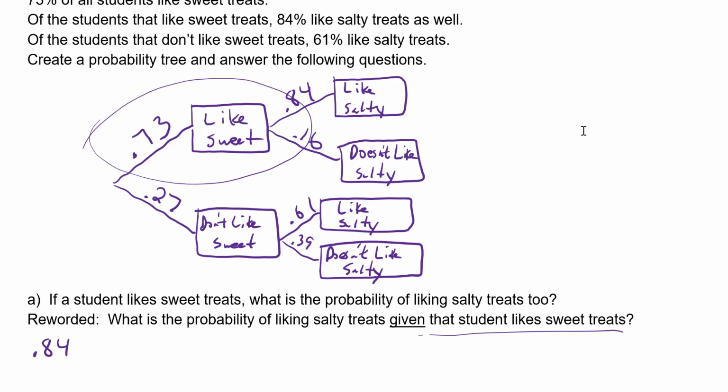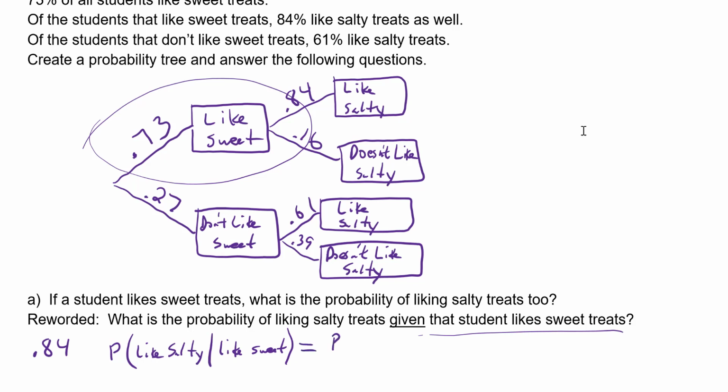Again, if you wanted to use probability, I could do this really quickly. Probability of liking salty, given that you like sweet.